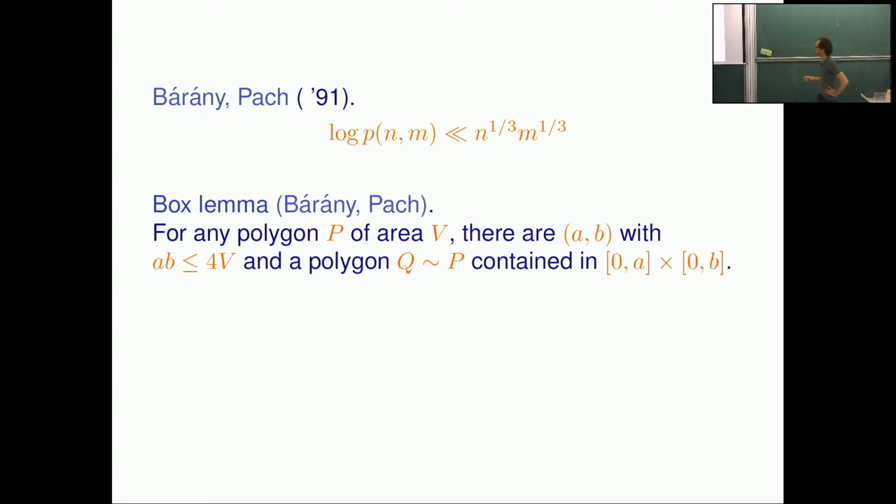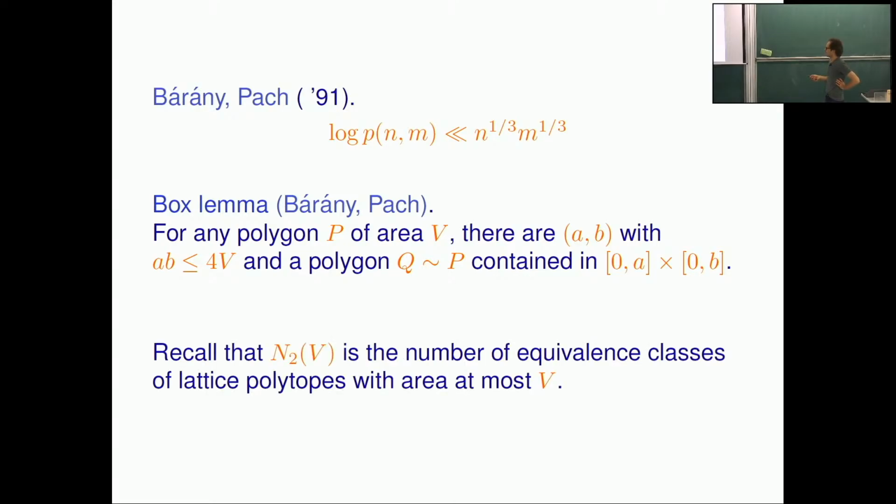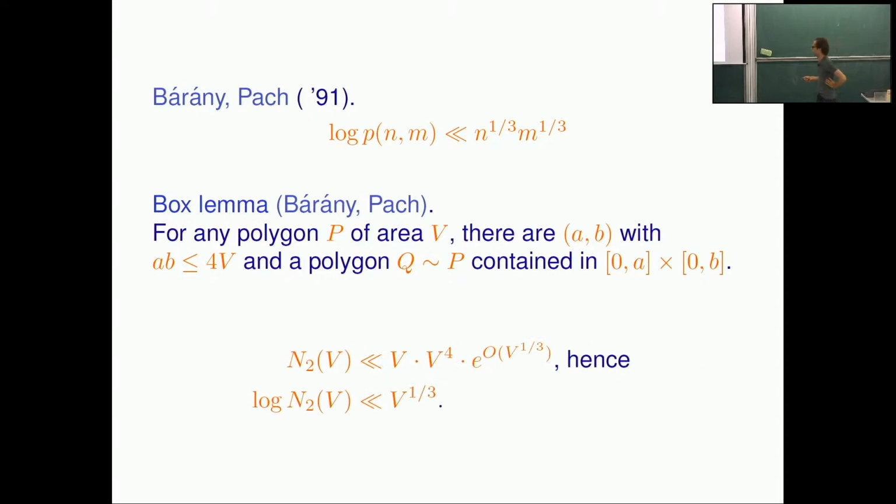So Bárány and Pach gave an upper bound of m to the 1/3, n to the 1/3. And if we combine that with the box lemma, then we can bound the number of polygons. First, V here is the number of choices for A and B. So we start with an arbitrary lattice polygon and we find one that's equivalent inside a box.